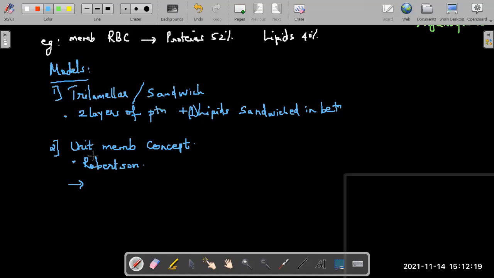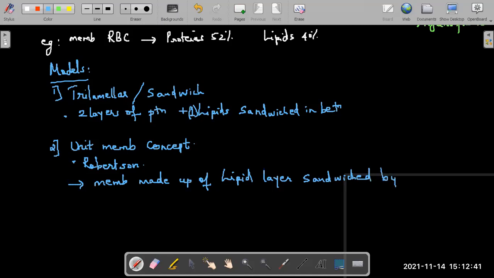So the unit membrane concept speaks about the membranes being made up of what? A lipid layer. Again, this is the same thing they're talking about. It says the lipid layer is sandwiched by two protein layers. Same thing, same as this. So they're saying again about two protein layers and lipids sandwiched.